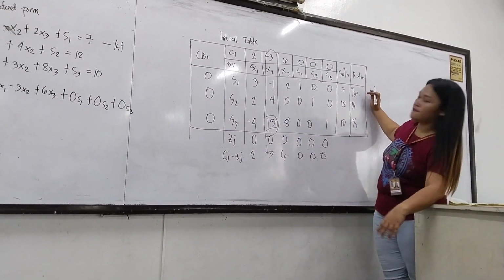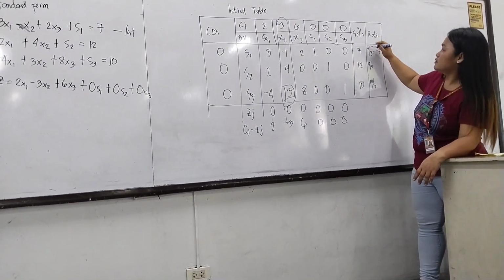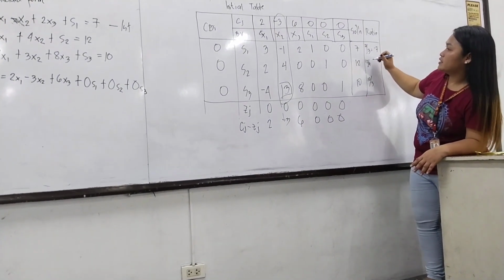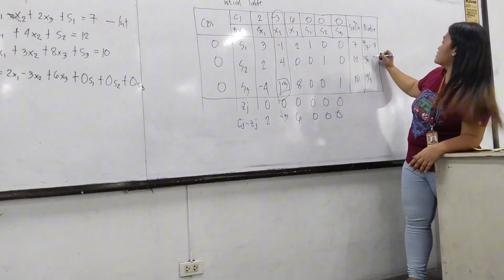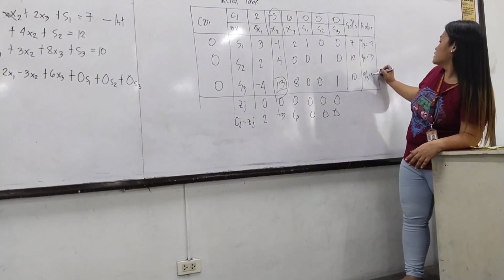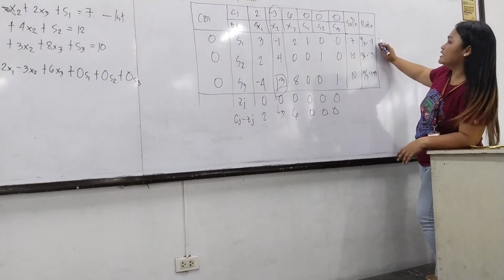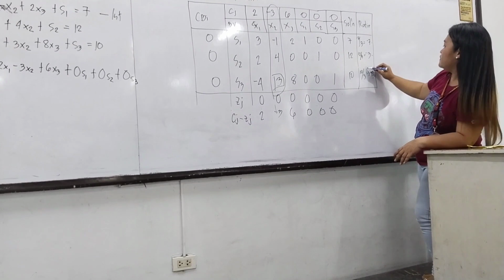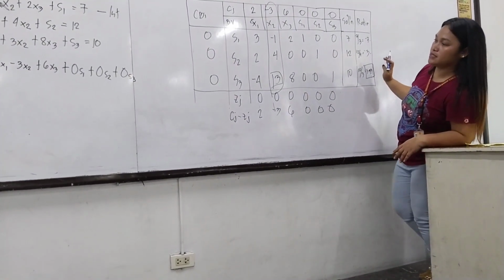So 7 by 3 is 2.33, 12 divided by negative 4 is negative 3, then 10 divided by 3 is equal to 3.33. So we can now get our least positive. This is negative, so we have the least positive: 3.33 is the least positive.